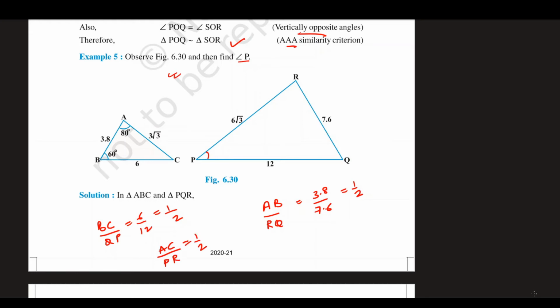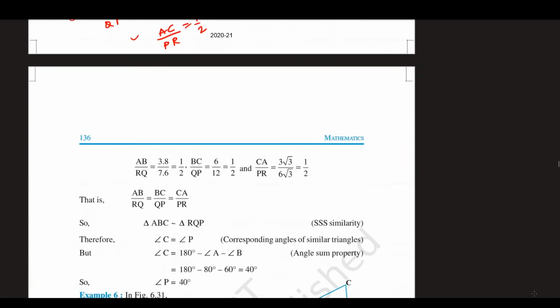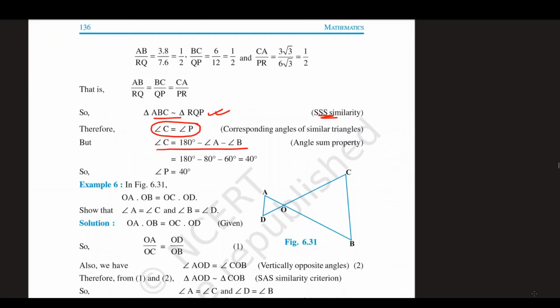So corresponding ratios are the same, hence the triangles are similar due to SSS criterion. Then angle C is equal to angle P, and angle C can be written as 180 minus A minus B, and hence we can find P as 40 degrees.